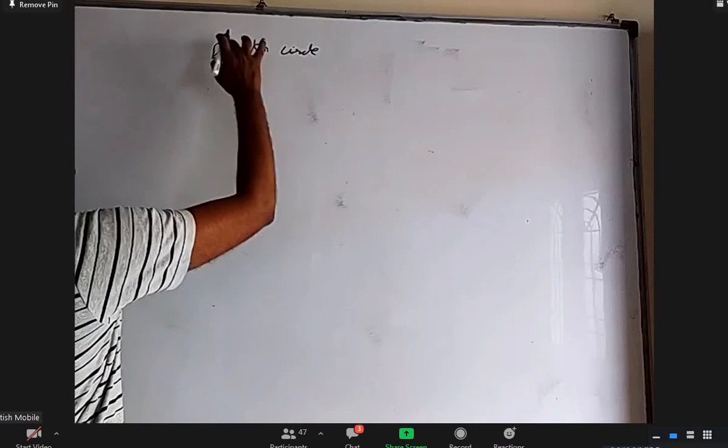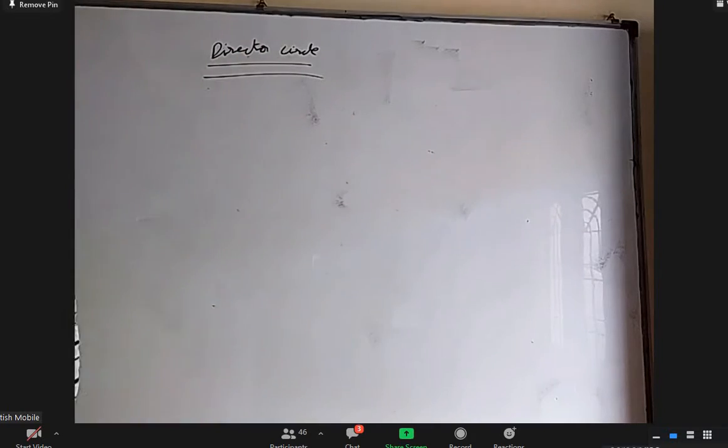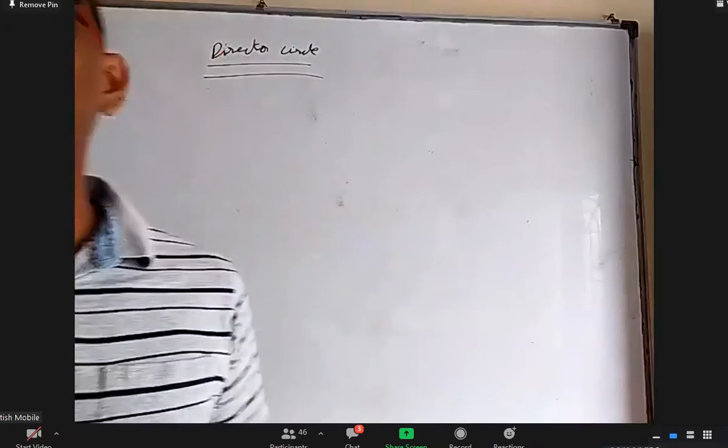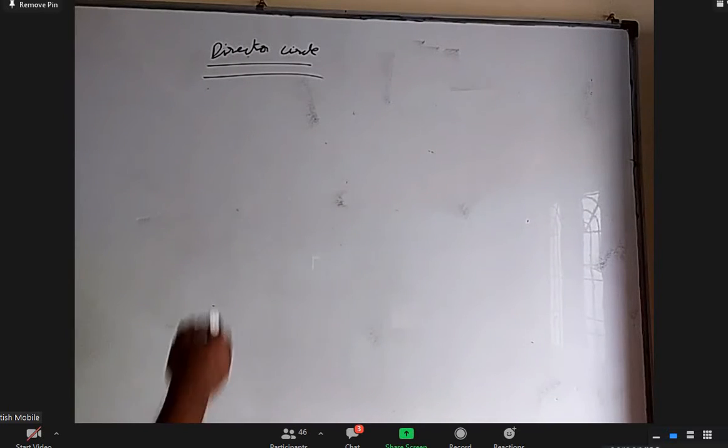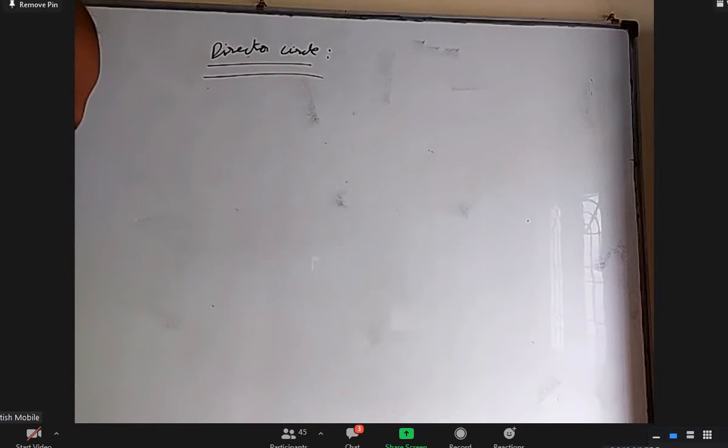Okay, now there is one new word that we have to know the definition of. Director circle. For every circle, there is some other circle called the director circle. Okay. Let us see what that is.